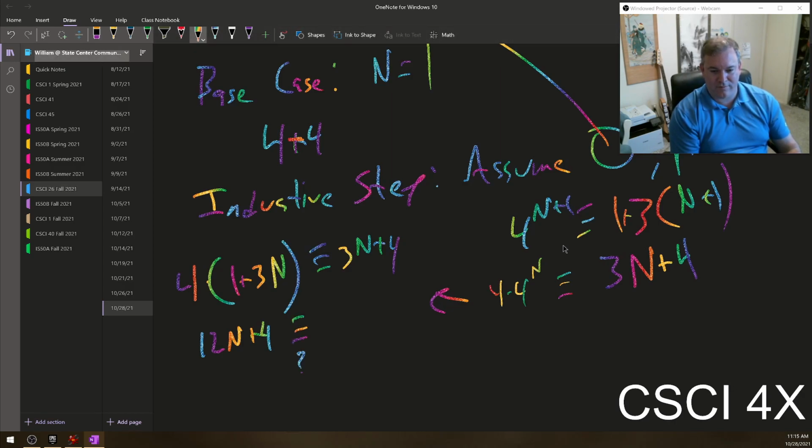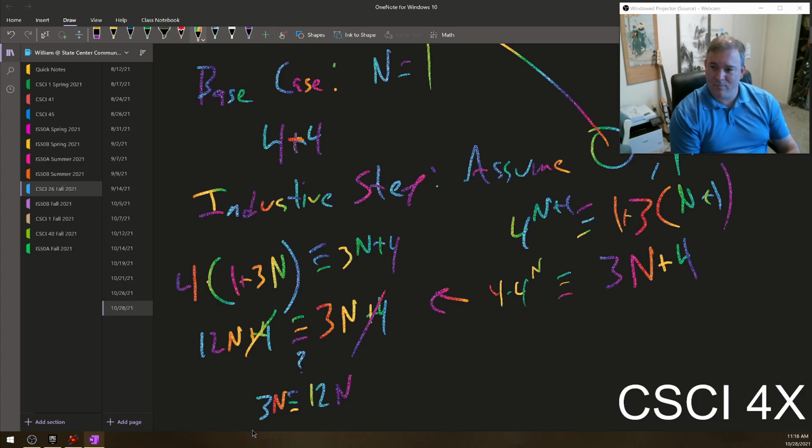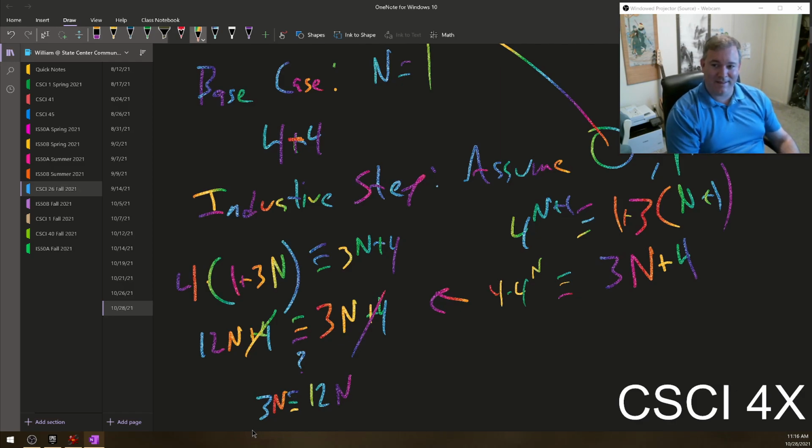Is this congruent to 3n plus 4? Subtract 4 on each side. Is 3n congruent to 12n? What do you guys think? Yep. Welcome to Zn. In Z9, 3n and 12n are the same number. Check.